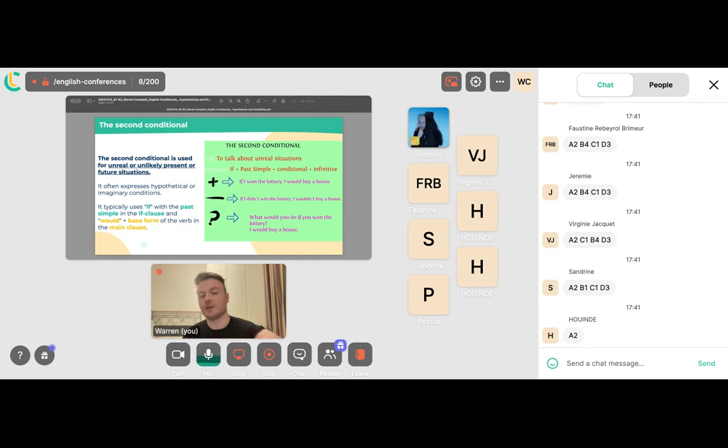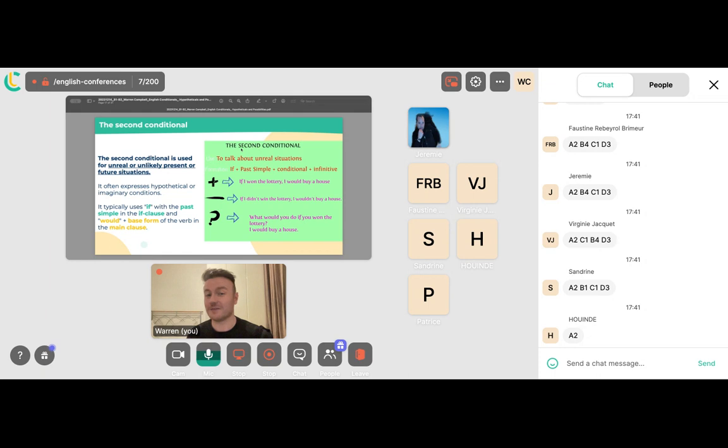Okay? Now, just because we use the past simple verb, as we can see down here, does not mean we're talking about the past. It's a hypothetical situation in either the present or the future. We just use the past simple form or the second form of the verb here. This is quite a good way to remember it, actually.